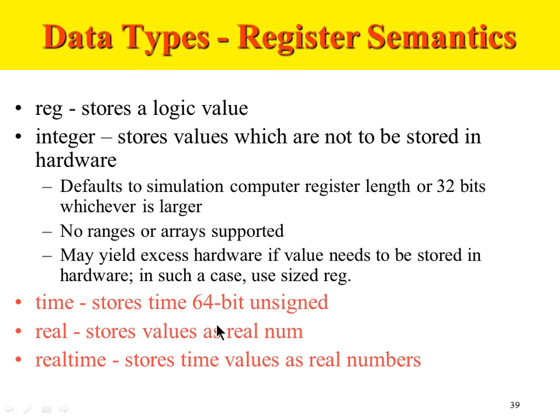Real time is a data type which can store simulation time in fractional format, so 15.01 nanoseconds or 20.53 microseconds or something like that. Now, time, real, and real time, these data types are not supported in synthesis.